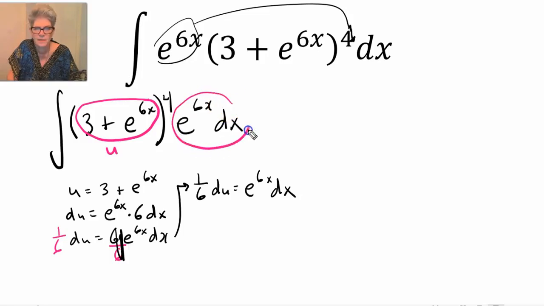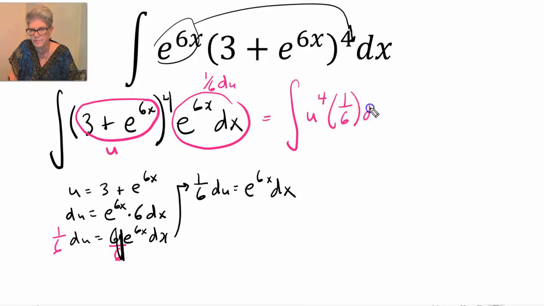So this here is 1/6 times du. Now I'm ready to write this in red. So I'm going to have u to the 4th, so all in u, times 1/6 du. My 1/6 is part of a product. I can bring it out the front, and then it comes along for the rest of the ride.